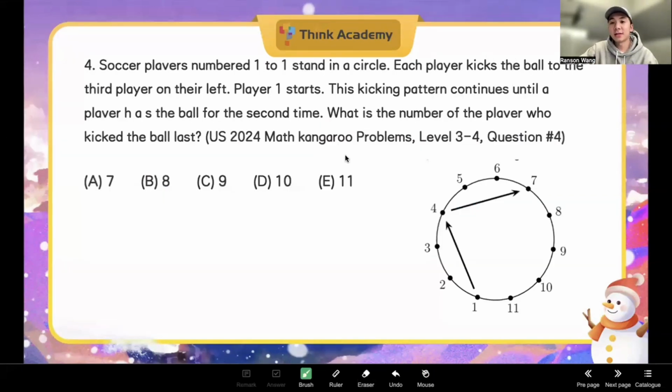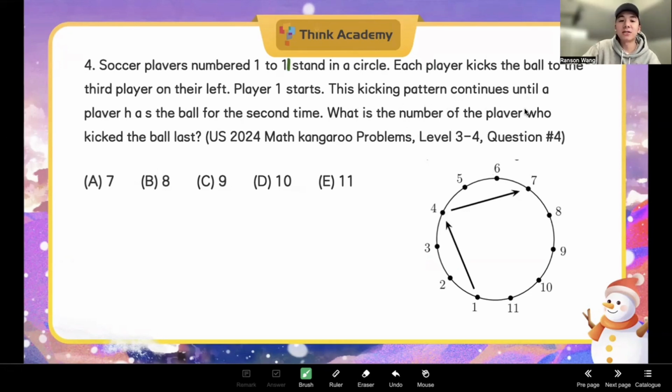Now, everyone, let's take a look at this fourth question. Soccer players numbered 1 to 11 stand in a circle. Each player kicks the ball to the third player on their left. For example, 1 kicks to the fourth, so 1 plus 3 is 4, and 4 plus 3 is 7.